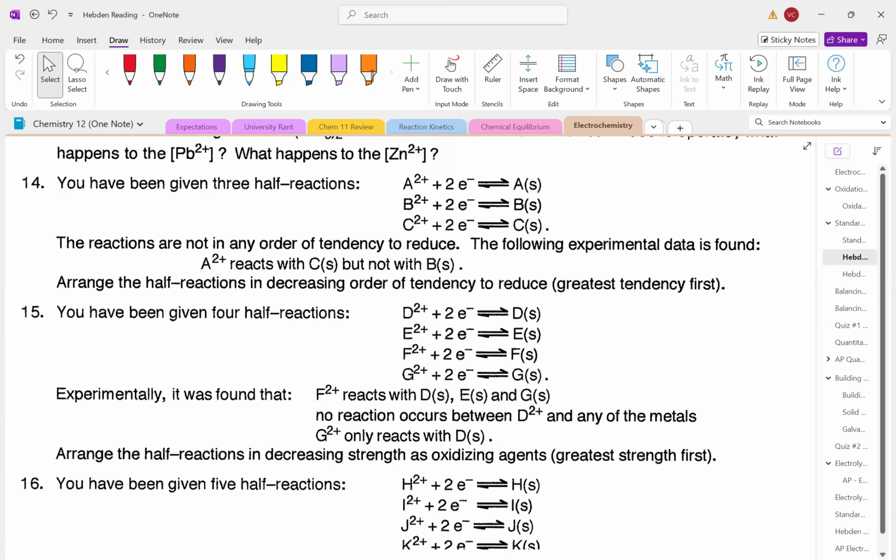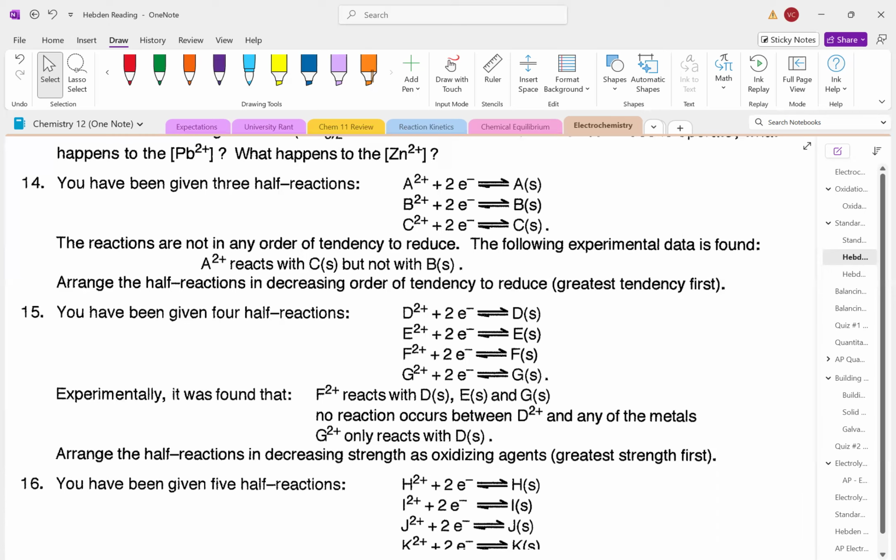So, for example, question number 14 says you have been given 3 half reactions. A plus 2 electrons gives you A. B2 plus 2 electrons gives you B. C plus 2 electrons gives you C. The reactions are not in any order of tendency to reduce, but the following experimental data is found.